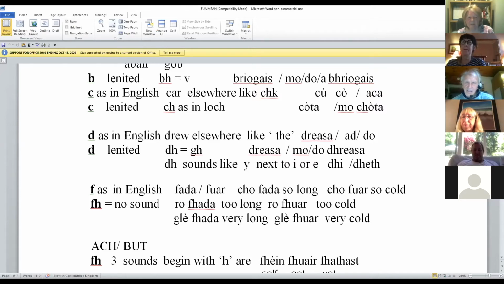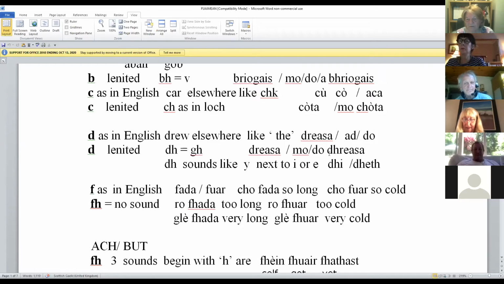Right, so your D lenited becomes DH, but it sounds like a soft G. So dresse, then my dress becomes mo gresse.